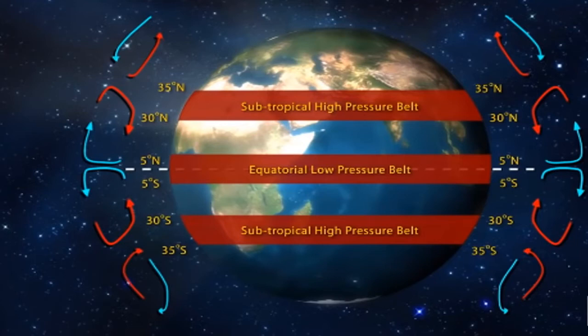It cools down as it rises and spreads outwards towards the poles, gradually cooling and sinking back down to the surface at about 30 degrees north and south of the equator, which causes an increase in air pressure.